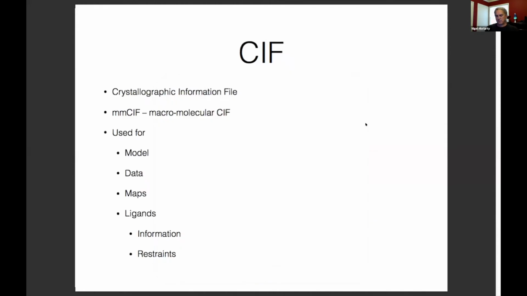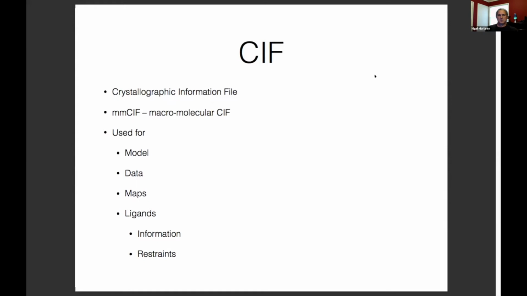So as a small side note, it should be noted that CIF stands for crystallographic information file. And there is an mmCIF, which is macromolecular CIF, and it's becoming more and more used for all sorts of information.